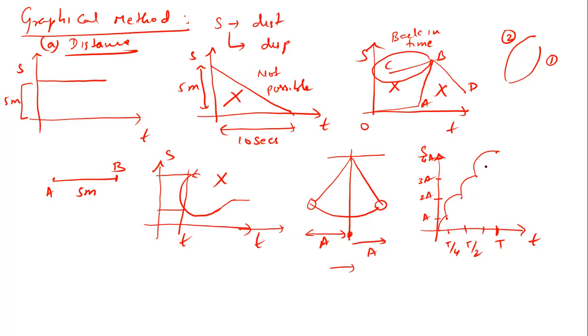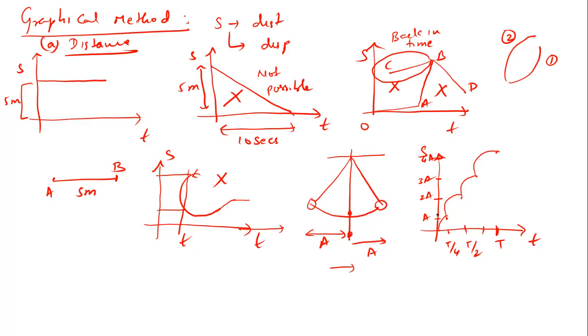When it goes from the mean position, it first goes to the maximum position and then comes back to the mean position. Now, when I say s equal to 0, the mean position was s equal to 0, right? At this point, the velocity was maximum. And then it started reducing its velocity.